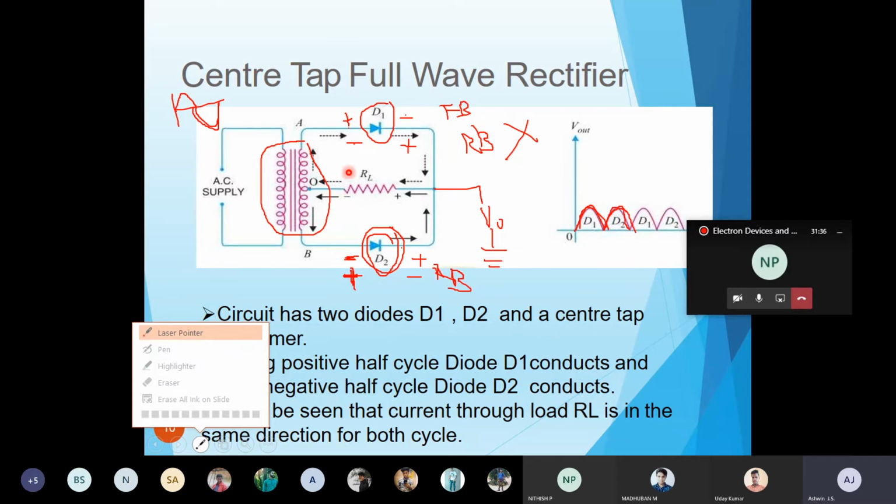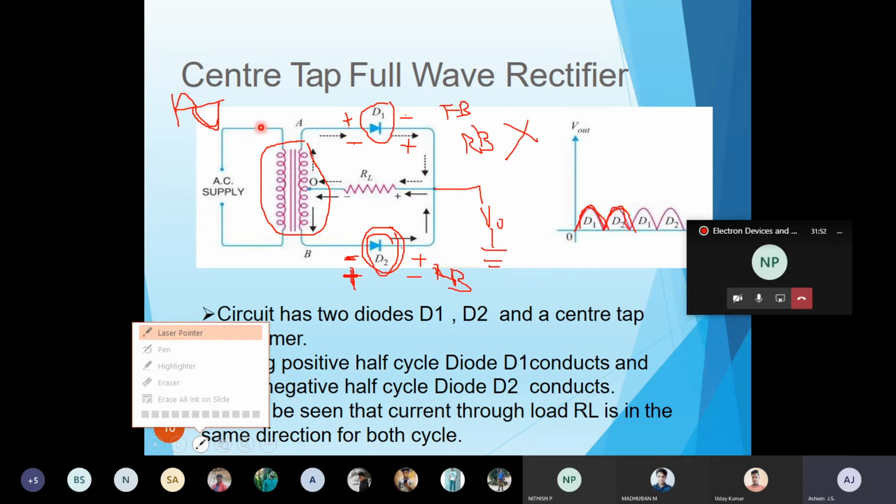During the positive, A will be positive, so the anode of D1 will be positive, and the cathode of D1 will be at a lower level, so the diode D1 will conduct.